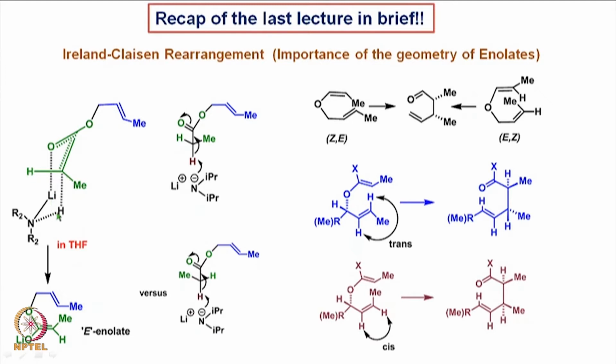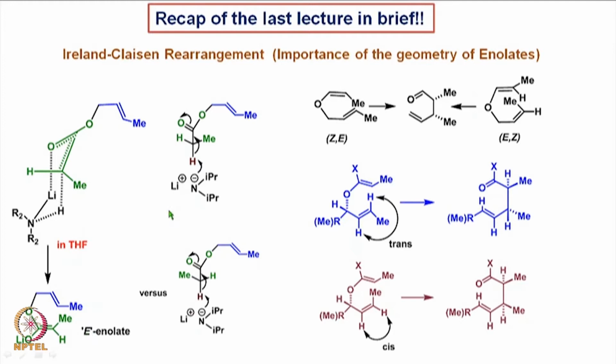And that leads to the deprotonation of this hydrogen, which then leads to the formation of an enolate in which this methyl group and the enolate are trans to each other, or this is an E-enolate that is formed.